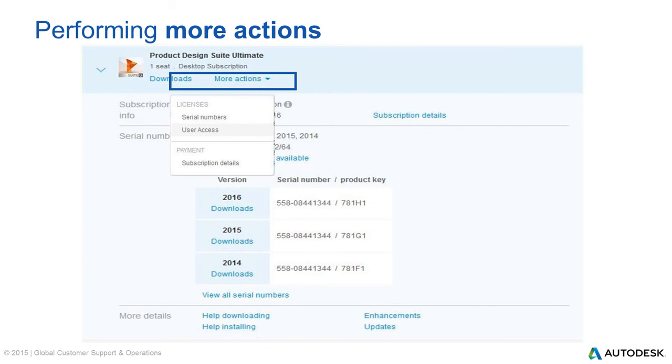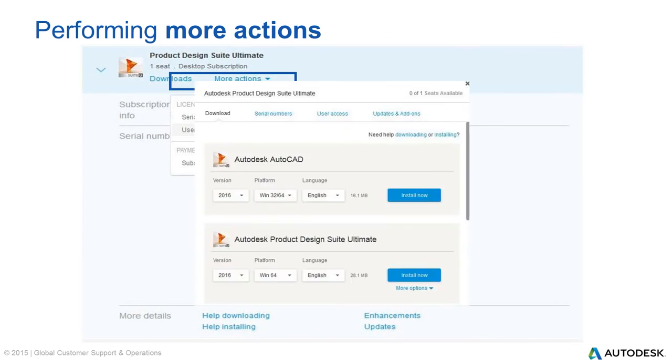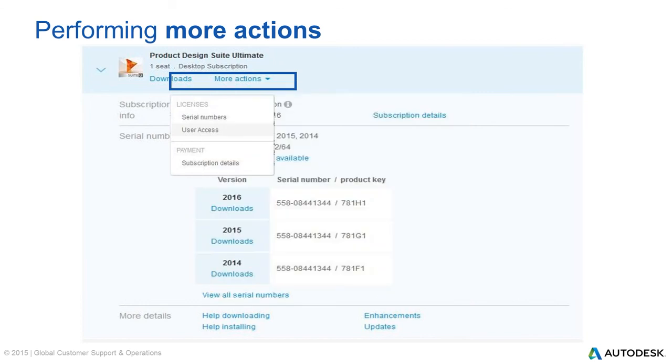So back on the products page, when we first were on this page, we talked about navigating to the Download Now button. The More Actions button is across from it, and when we expand, we have a few more options. This first menu would appear if I was an admin with desktop subscription.